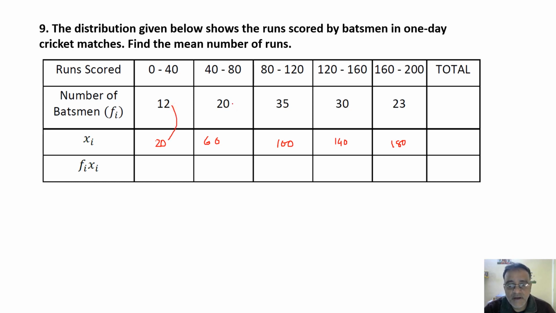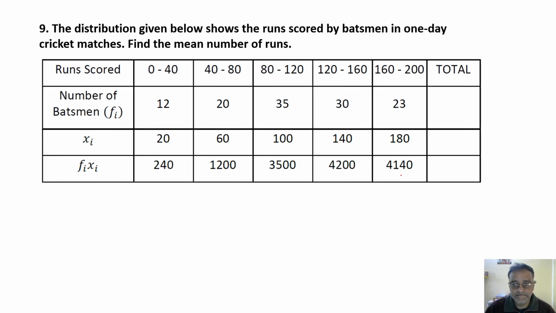240, 120, 3500 and 4200. 23 into 18, 360 plus 414 gives 4140. Okay, now we have to find its total. Okay, this has come, we will find its total. Similarly you can calculate the total of this one also.